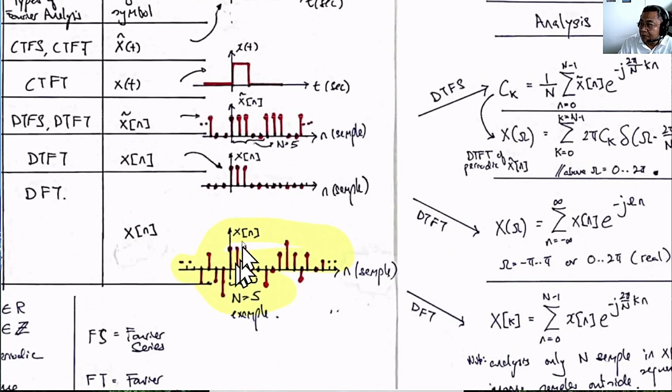And in fact, these 5 samples are also like these 5 samples, which is the single period of a periodic sequence, repeating every 5 samples. So when we take a very long signal and examine only 5 samples of it in this example, we are behaving as if, later on when you see the equation, we are pretending it to be periodic. And that is what DFT is.